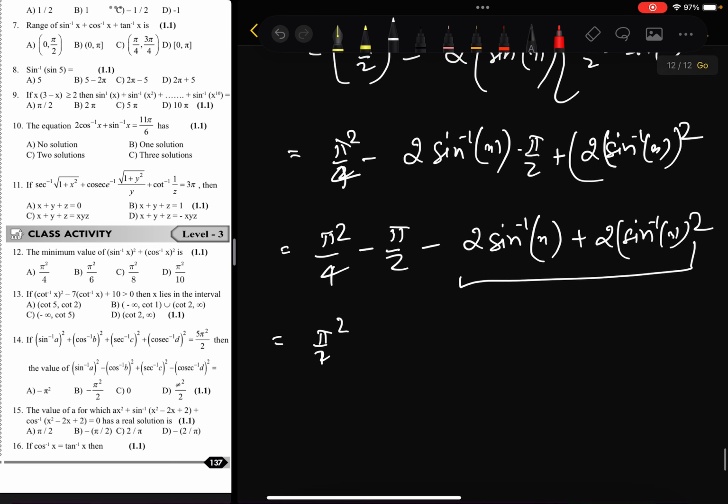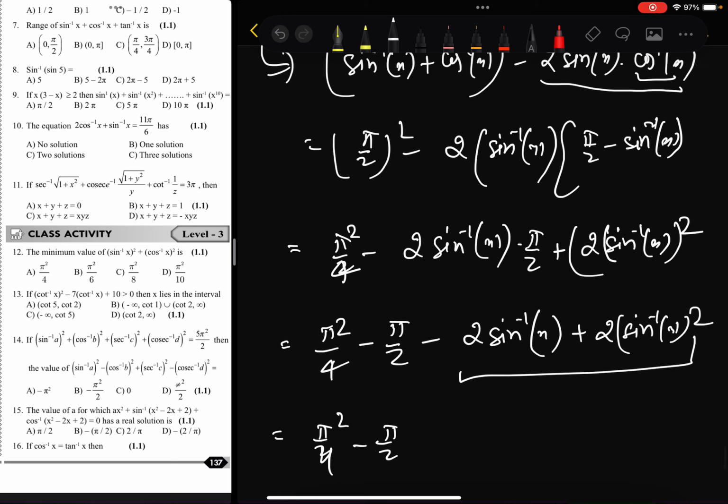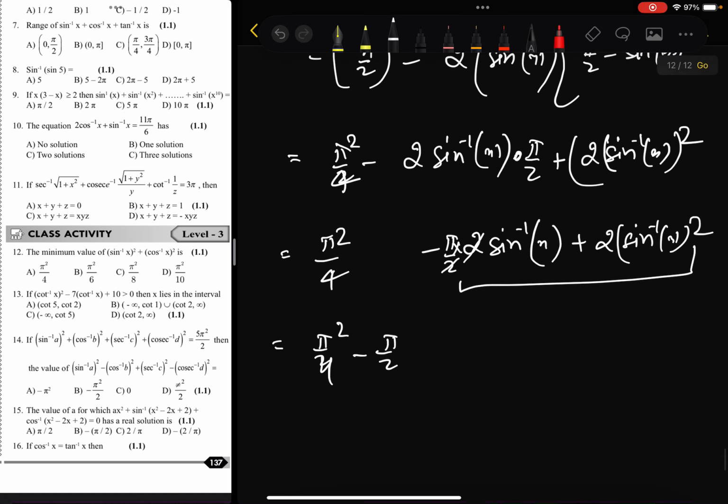This was a product, right? Multiplied by pi by 2, this 2 will get cancelled out, so here we will get minus pi times sine inverse x plus 2 times sine inverse x whole square.